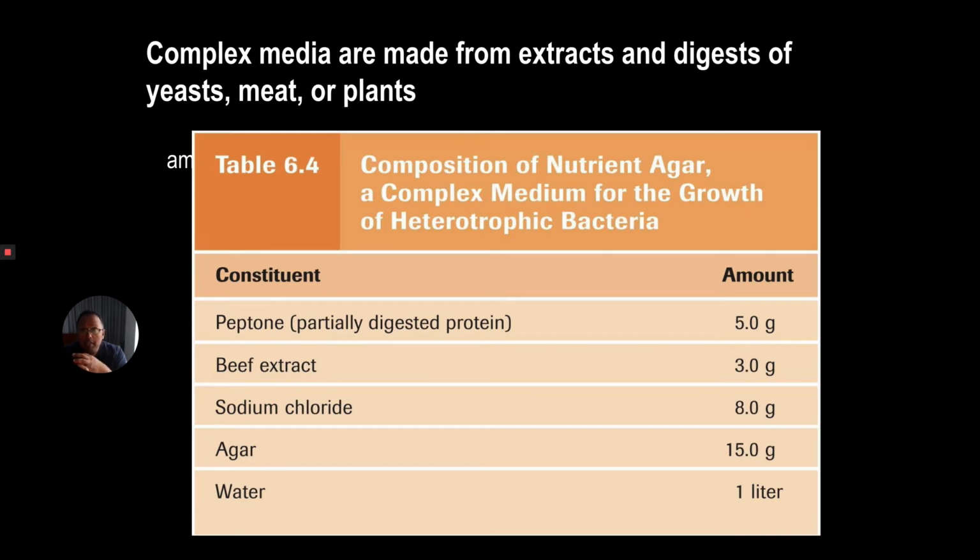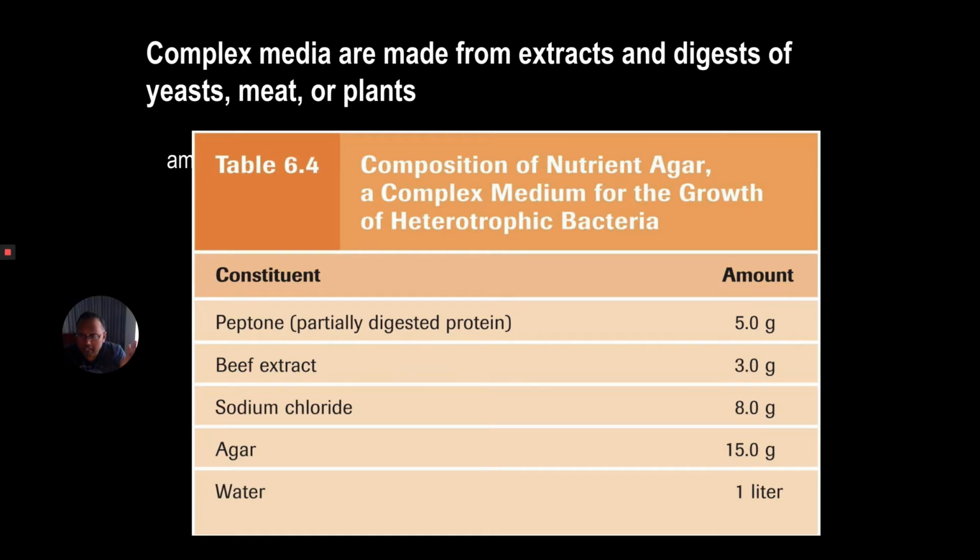So complex media is made from extracts and digests of yeast, meat, or plants. So here you can see we have peptone, which is a partially digested protein, 5 grams, beef extract, 3 grams, sodium chloride, 8 grams, agar, 15 grams, and water, 1 liter. So the sodium chloride, the agar, and the water, you could probably figure out how many moles you have.